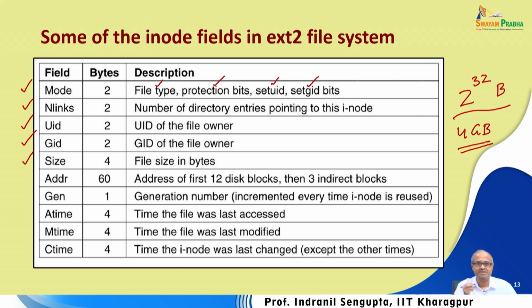Okay. Then these are the ADDR, which contains pointers to the disk blocks where the data are located. This we shall see, there are a total of 15 pointers, 12 disk blocks and 3 indirect blocks, 15 pointers, each pointer containing 4 bytes. So, total 60 bytes.